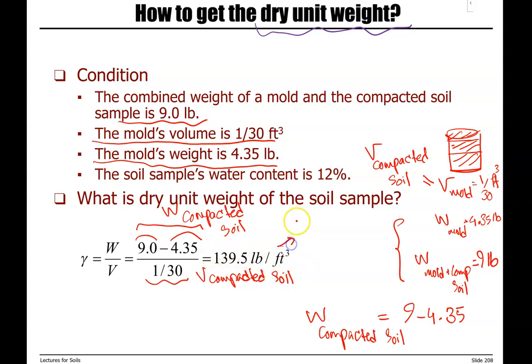Which gives us wet or moist unit weight of our soil.